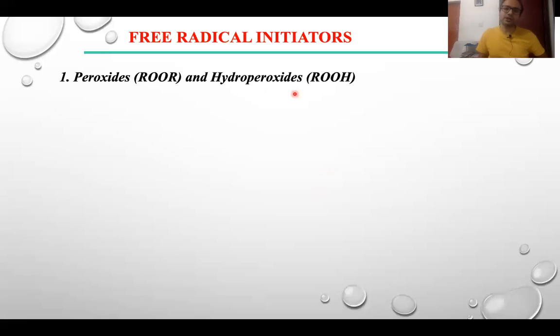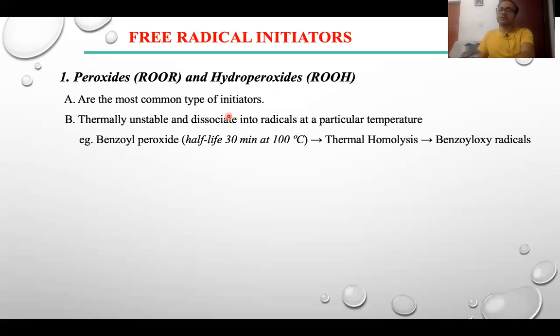You are pretty aware of this form of initiator, because whenever you talk about radical formation, you always talk about compounds such as peroxides or hydroperoxides. They are the most common type of initiator.